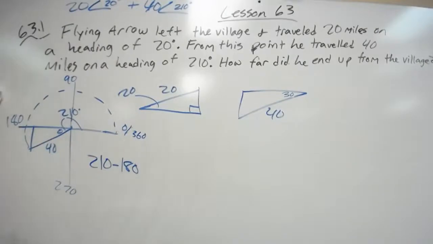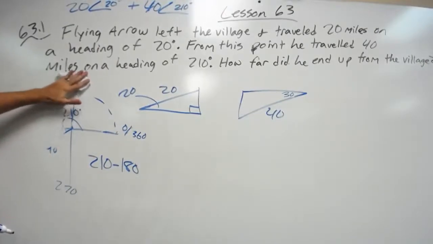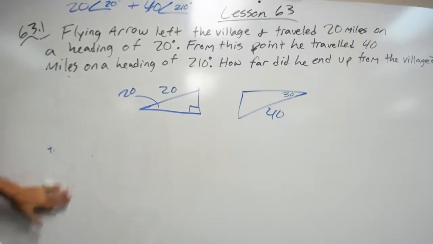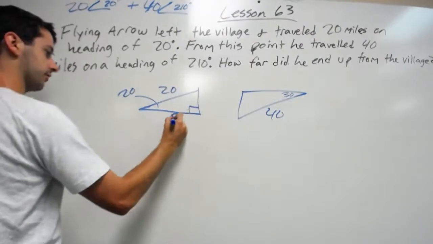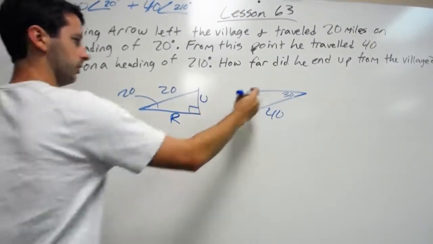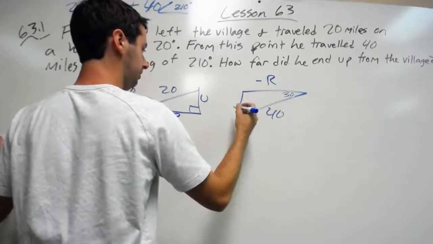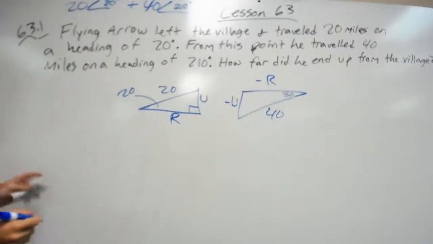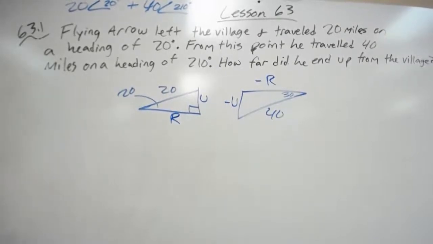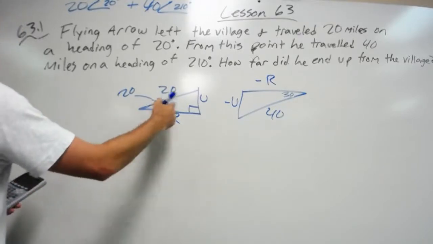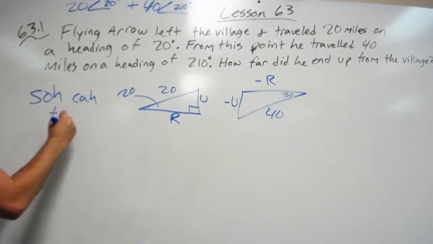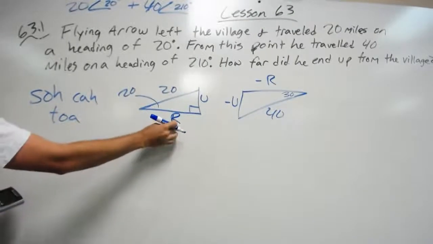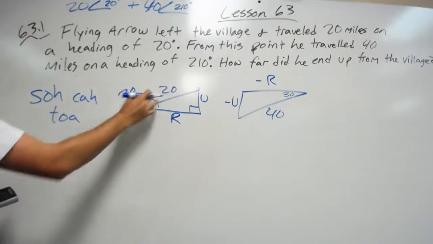So now we have our triangles, and we're basically going from polar form to rectangular coordinate form in both of these. If you remember rectangular coordinate, we're trying to solve for r and u. We already actually know that this r is negative and this u is negative because it's going left and down. But we solve by using sine, cosine, and tangent. So here, if we're finding r using SOHCAHTOA, we need to use the adjacent for r, and 20 is our hypotenuse, so we're going to use cosine.